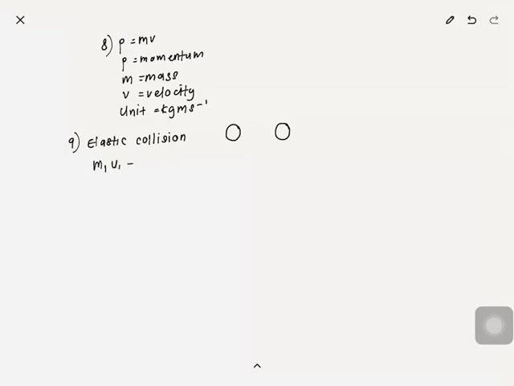For elastic collision, the formula is m1u1 + m2u2 = m1v1 + m2v2. m1 is the mass of the first object, m2 is the mass of the second object, u represents the initial velocity, and v represents the final velocity.